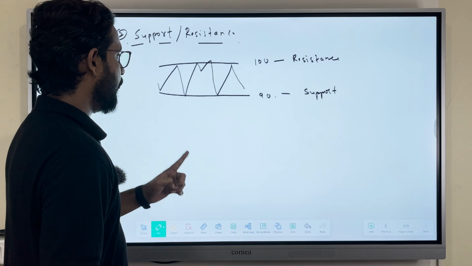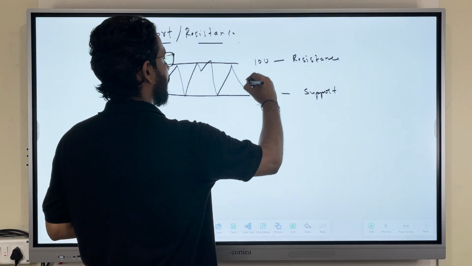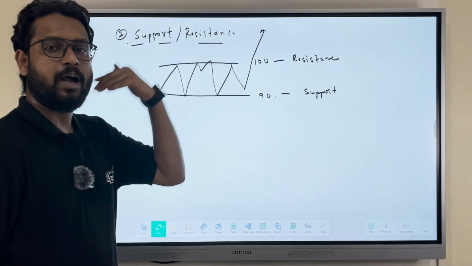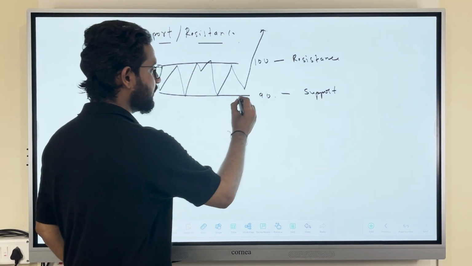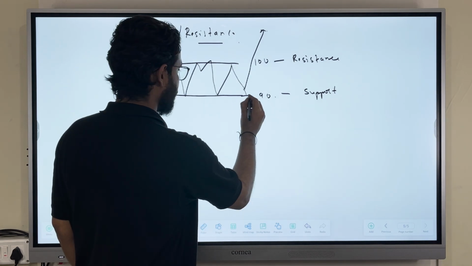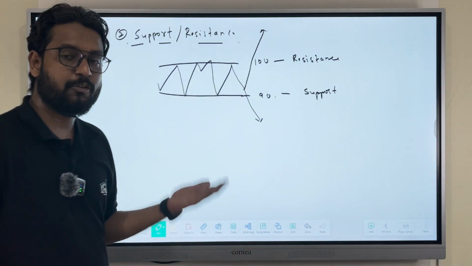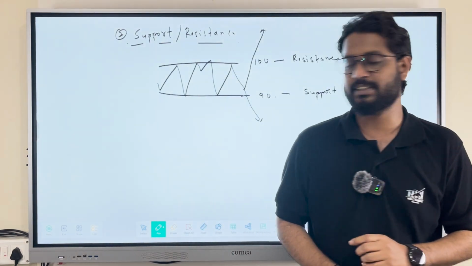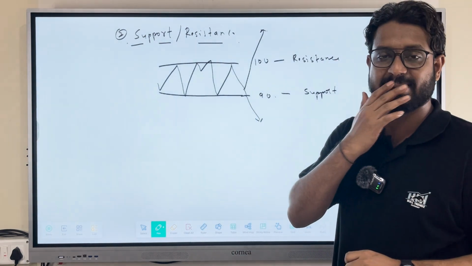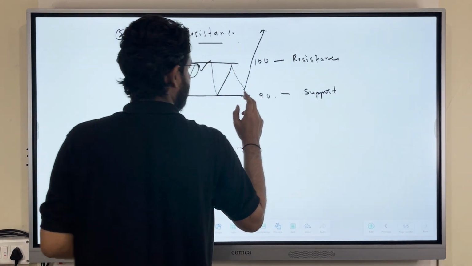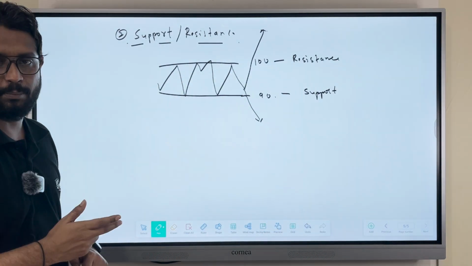But once the stock crosses 100, it has a high potential of giving higher returns. But once the stock has crashed below 90, okay, it has a potential of going even lower. Okay, so this is the concept of support and resistance. Resistance happens when there is a concentration of demand, and the support happens when there is a concentration of supply.